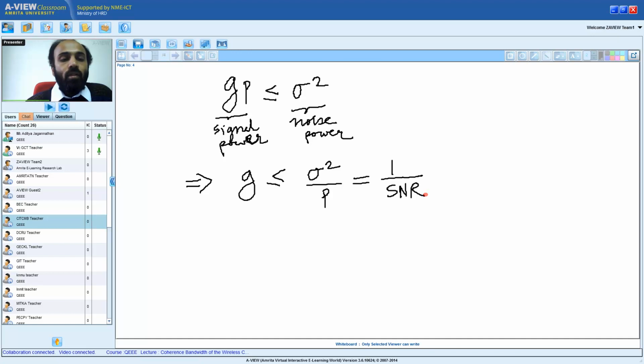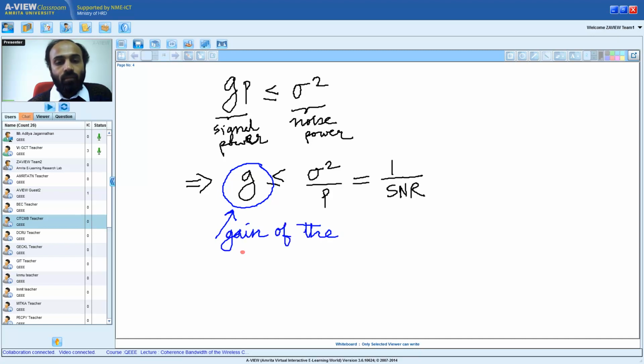So we say that the system is in a deep fade if the gain G of the fading channel is less than or equal to 1 over SNR.